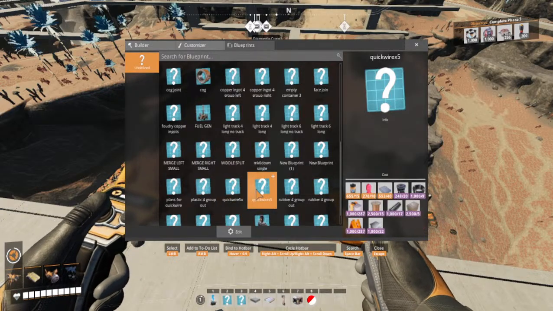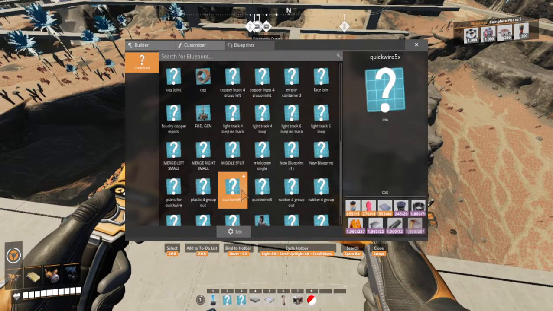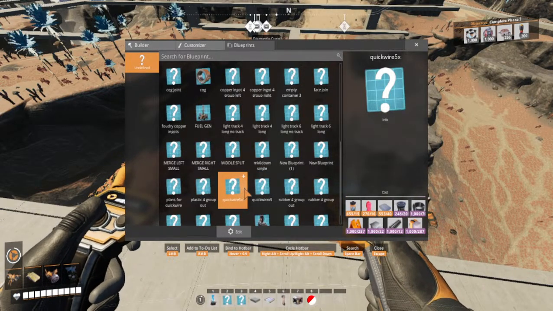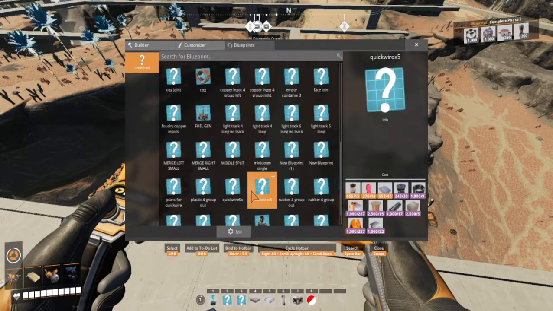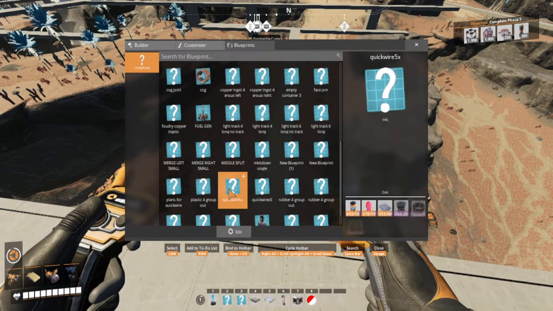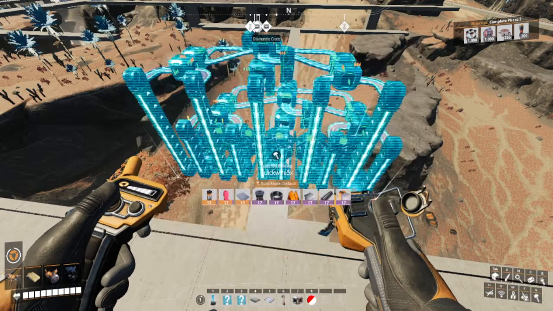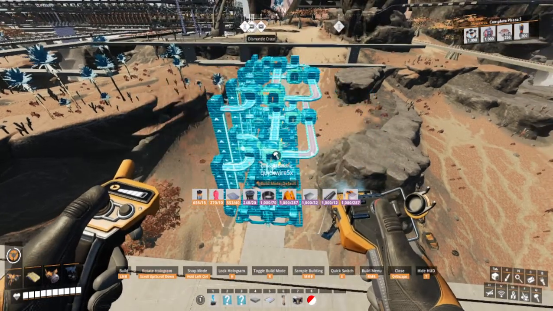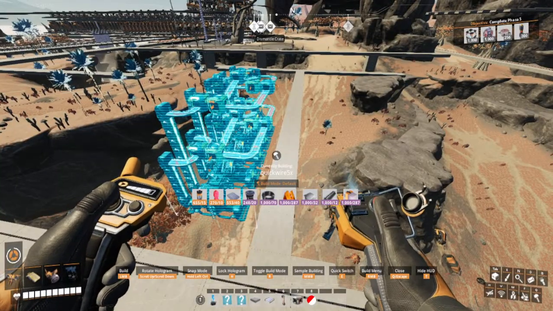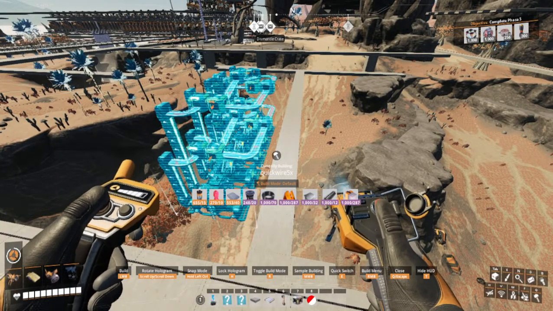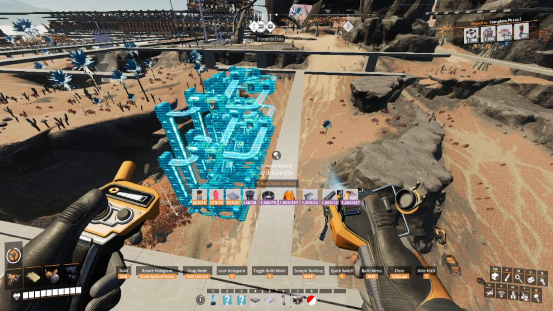It's either one of these. Quick wire, 5 times. It's the same build, right? Well, not the same build, but I just have to change the thing.